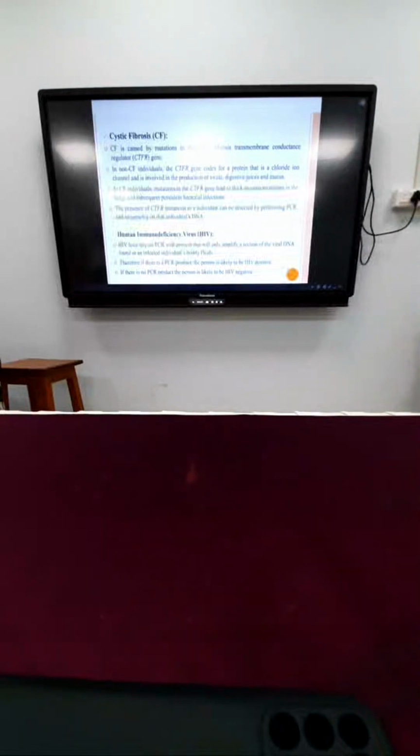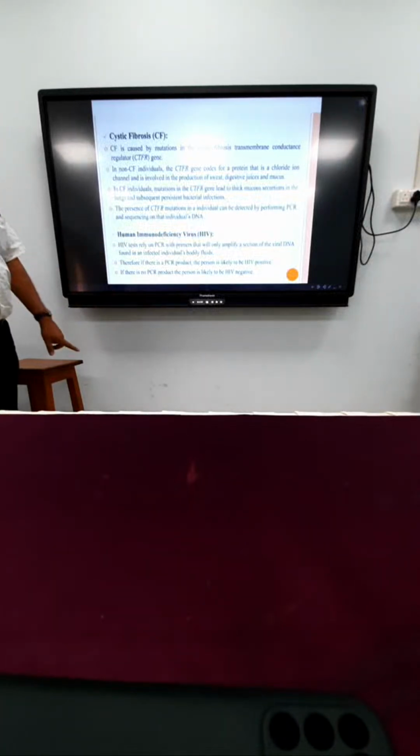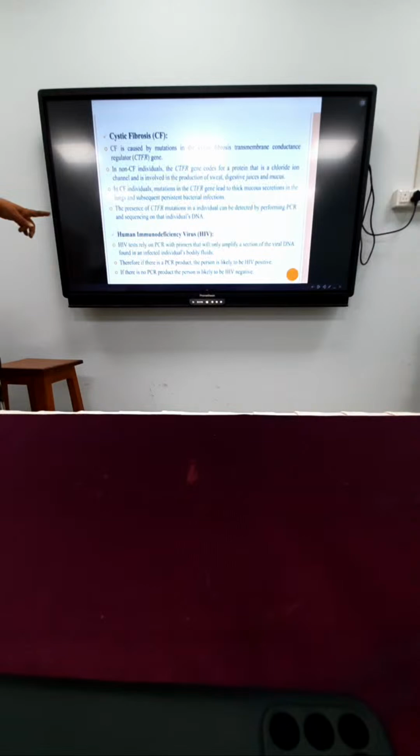Okay. Another is the human immunodeficiency virus, HIV, that can be identified. HIV is a virus, human immunodeficiency virus, and the disease name is AIDS, acquired immunodeficiency syndrome. So these are the processes. The HIV test uses PCR with a primer that will only amplify the section of viral DNA found in the infected individual.